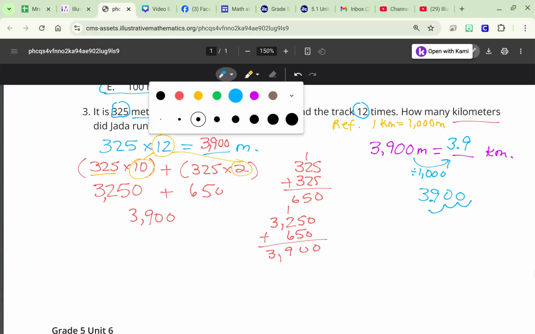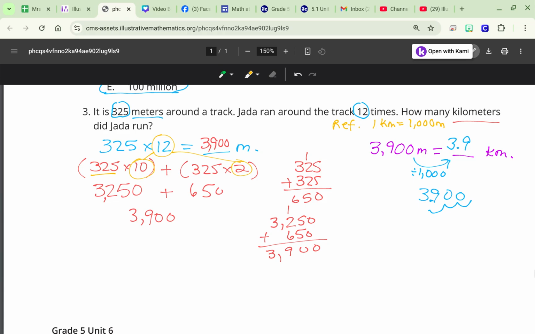Now, before I go any further, in fact, because I do see several students who have done 325 times 12, I don't want to forget to help you so that you can check your work if you did it this way. And if you did not do it this way, that's okay. It's still good for our brain to see this in different ways. We're going to start with our 2 as our center point of the problem. 2 times 5 is 10. Here's my 0, carry my 1. 2 times 2 is 4, plus 1 is 5. 2 times 3 is 6.